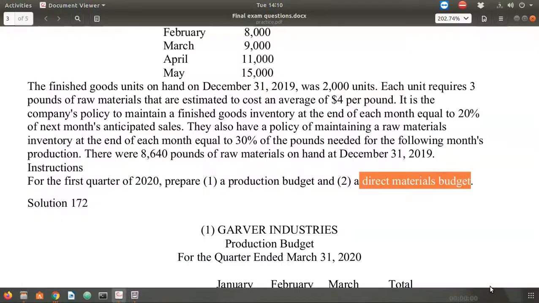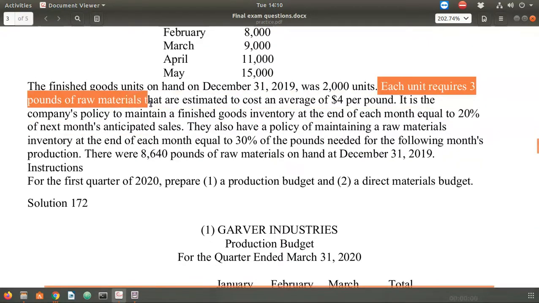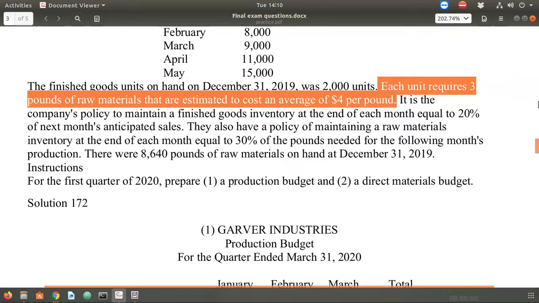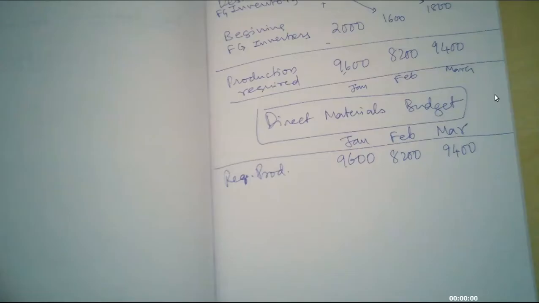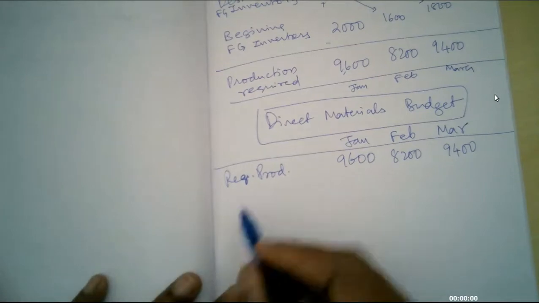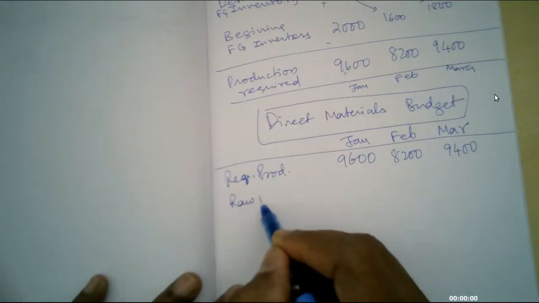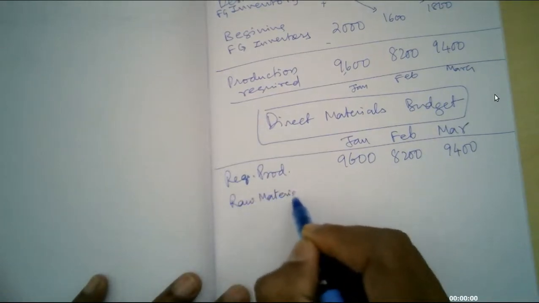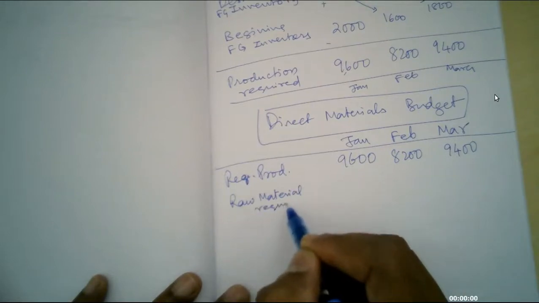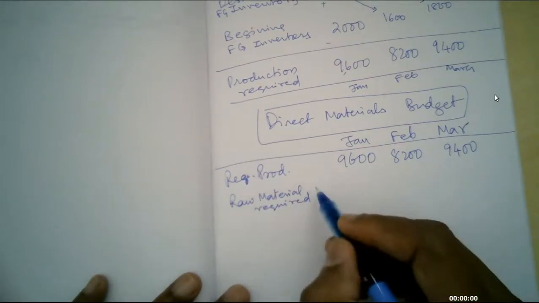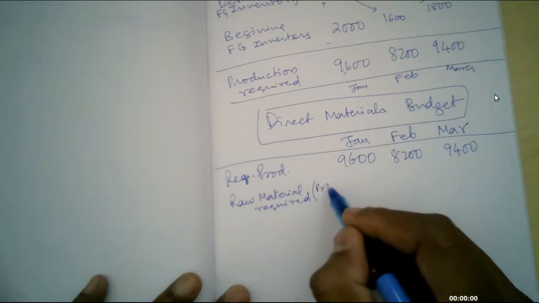Now let us read this. Each unit requires 3 pounds of raw materials at an average of $4 per pound. So each unit requires 3 pounds of raw material. So the raw material required will be nothing but production times 3.